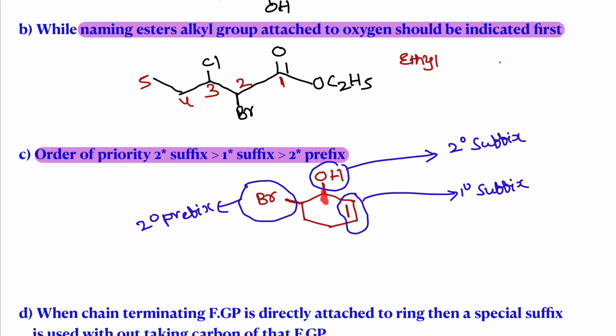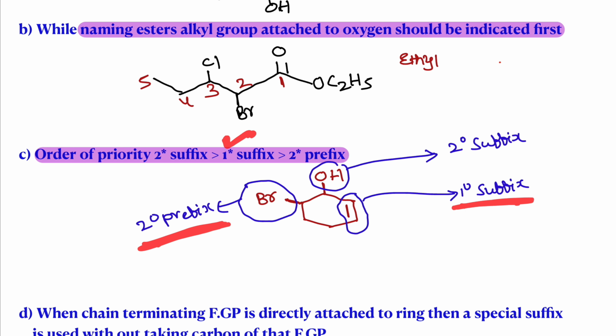Then you may have a confusion whether you have to move in clockwise or anti-clockwise direction, because if you move in clockwise direction, this is receiving 2, this is receiving 6. If you move in anti-clockwise direction, this will receive 2, this may receive 5, but still, here this is a secondary prefix, primary suffix.